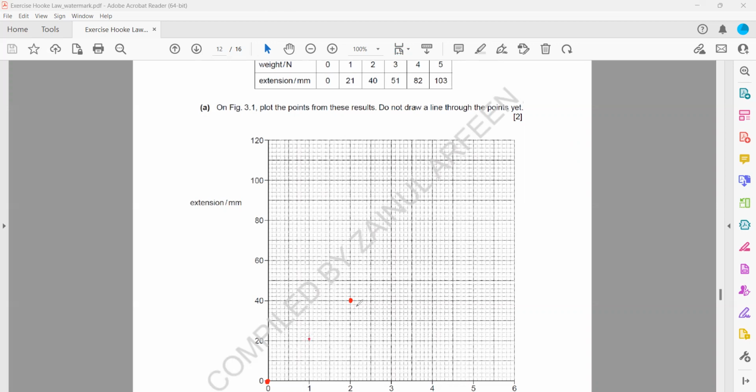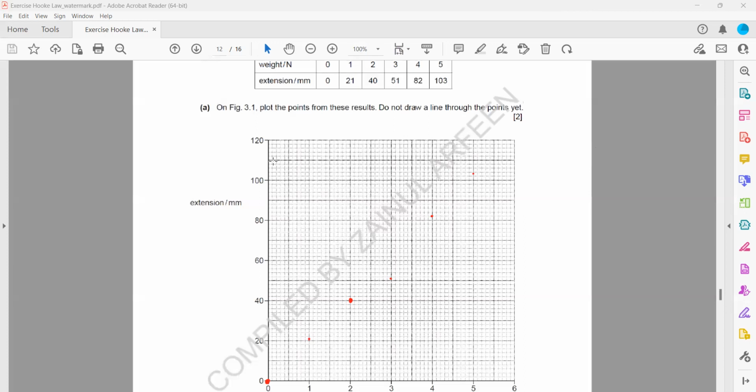So this will be 21, this 40, and this 51. Then 4 and 82, and 5 and 103. Somewhere here. So these are the points.